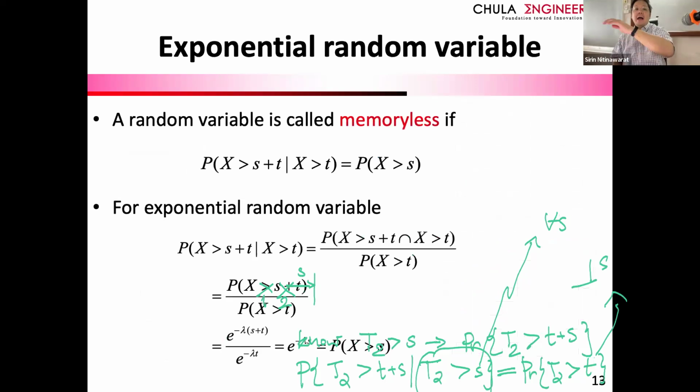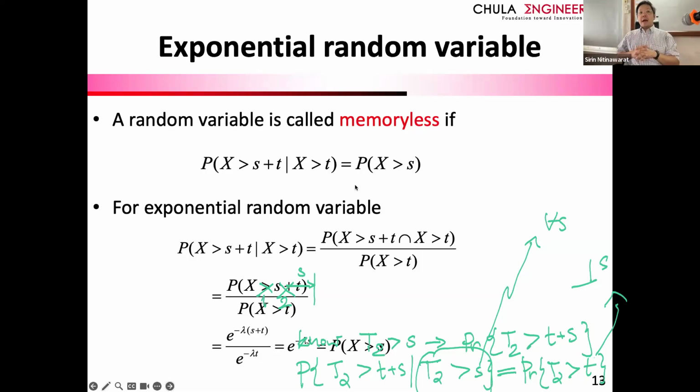And you can verify that this indeed satisfies our intuition of memorylessness, because of the form of the PDF, we can check the quantity on the left here to be exactly equal to the quantity on the right, regardless of T and S.